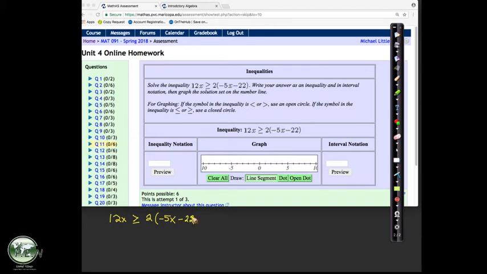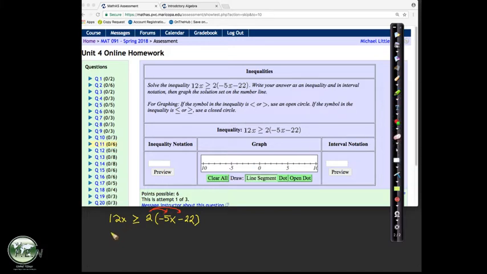So let's just reason our way through all of this. What should we do first? Very good. Get rid of the parentheses, because parentheses kind of hold things together. We want to get them out of the way so we can work. So we're going to take this 2 and distribute it to the 5x, and then distribute it to the negative 22.